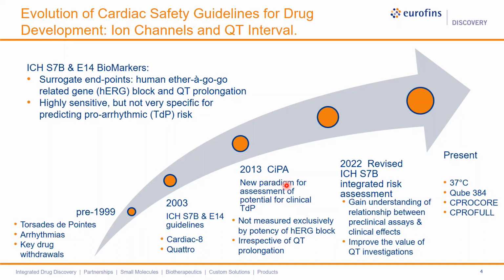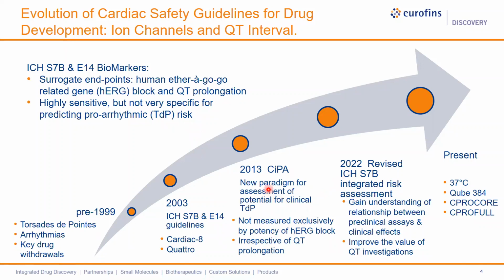It is a new paradigm for assessing the potential for clinical torsade that is not measured exclusively by potency of hERG block and is irrespective of QT prolongation. The idea is to get away from focusing only on hERG block and QT prolongation, and look at other methods, parameters or biomarkers.